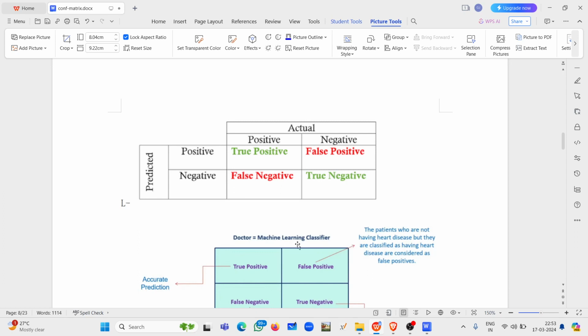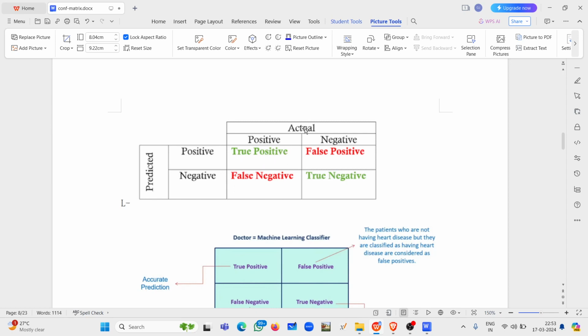Actually the patient is suffering, it is yes positive, and it is also predicted positive. We call it true positive. And actually the patient is negative, not suffering, and here also predicted negative. So this is called true negative. Are you following me? So this is true positive and this is true negative.